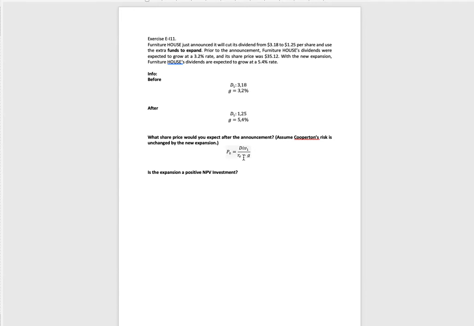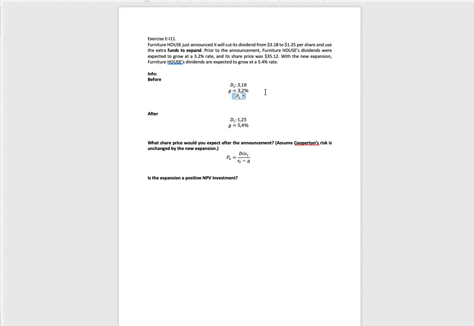So what we need is the expected return, because we have the price of the stock before the announcement. Share price was 35.12. So we have the price of the stock, the growth rate, and the dividend per share. Sorry for my brain not being so good there.